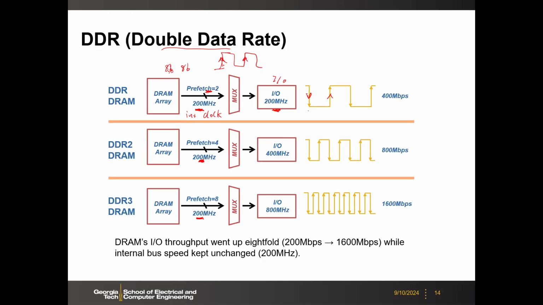But here at the I/O, we send the data on both the rising and the falling edge to double the data rate. So effectively, you are going to increase the data rate to 400 megabits per second.